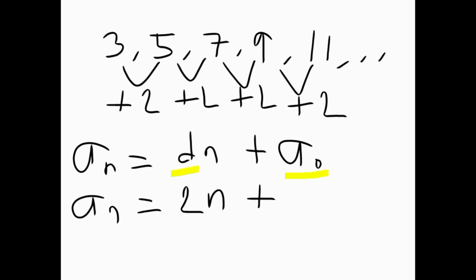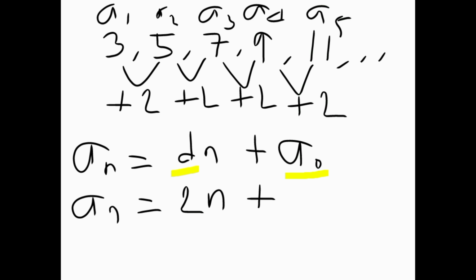Now, 3 is a sub 1 or the first term. 5 is the second term or a sub 2. 7 is a sub 3 or the third term. 9 is the fourth term or a sub 4. Then 11 is the fifth term or a sub 5.